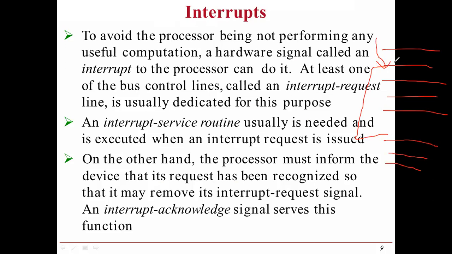That breaks the normal, sequential flow of execution. Then we say an interrupt has occurred. An interrupt is nothing but some disturbance in the normal flow of execution of a program.